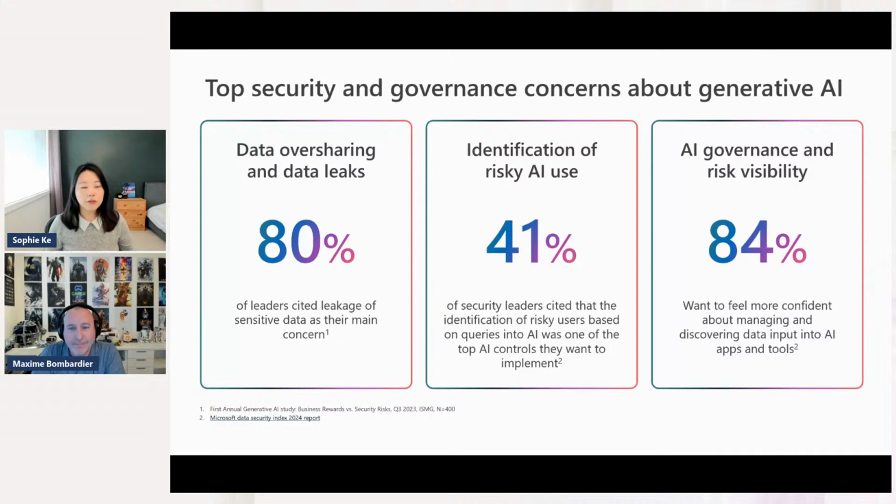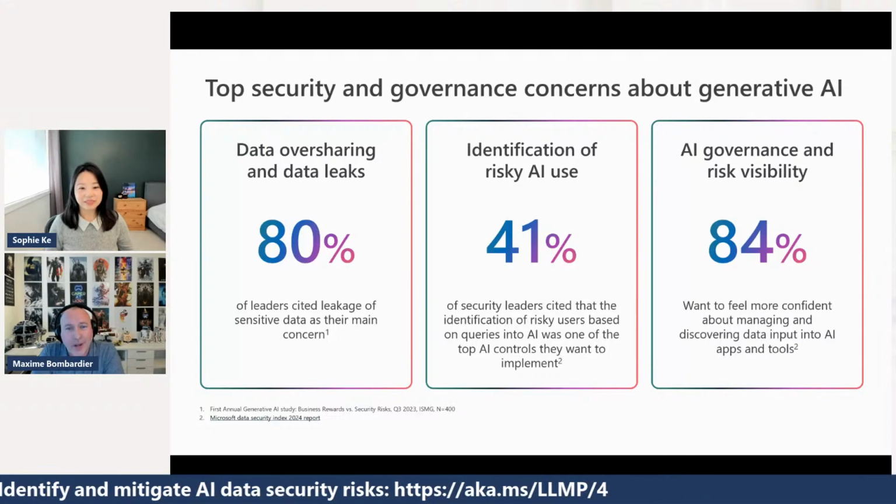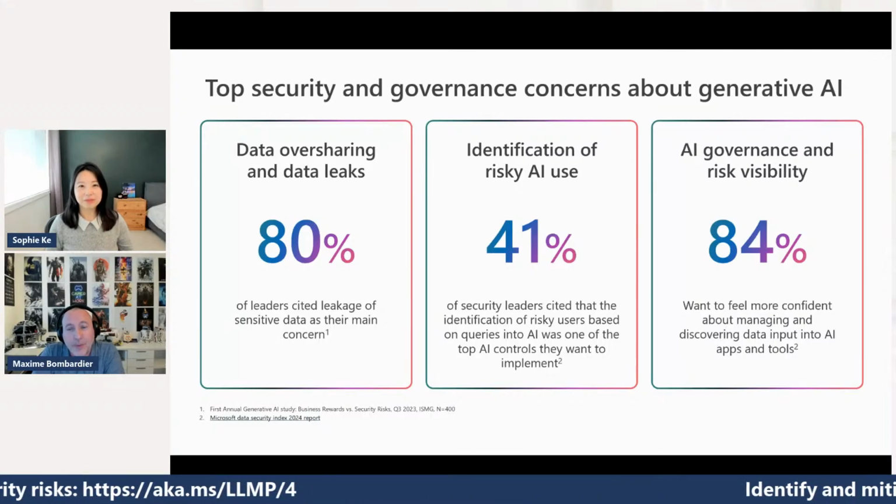This is data oversharing and data leaks, and how we differentiate that is data oversharing is internal within your organization, and data leaks would be external, so leaking that to another AI application outside the boundary of your organization. And then, yeah, go ahead, Max. Yeah, definitely. I mean, oversharing's been a concern, top of mind for a long time, but just the use of AI and the ease of using AI to surface that information has been definitely top of mind.